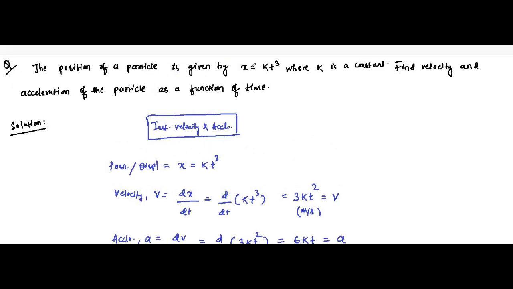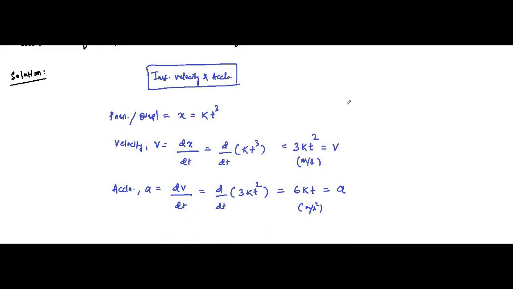Okay, so for this function which is used to express the position or displacement, velocity is expressed as 3kt square meter per second, and acceleration is expressed as 6kt meters per second square.